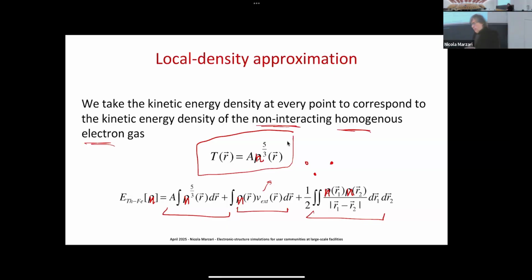But it's not anymore 10 to the 78 or 26,000. It's just n of r, so it's just 1,000 real numbers. So it's really easy, and it doesn't scale with the number of electrons. You double the number of electrons, n is still a scalar field of the position.